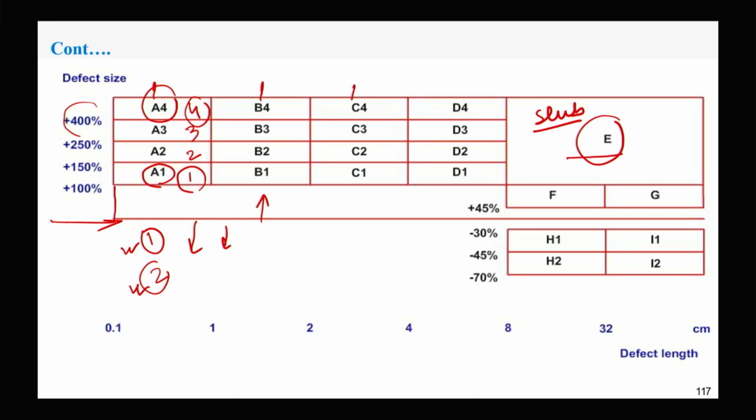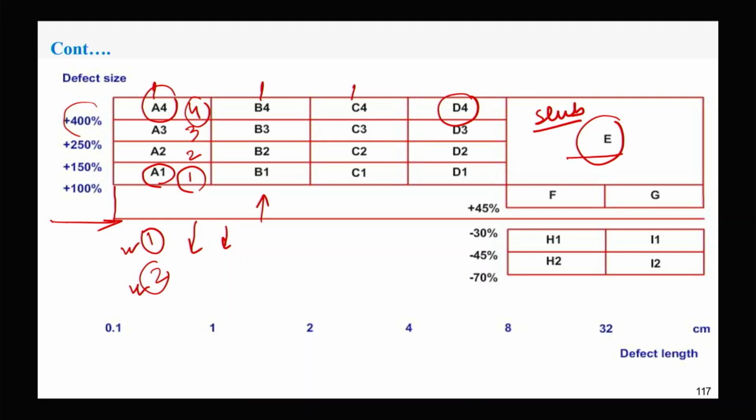Similarly, D4 is longer also, 4 to 8 centimeter, and very thick, more than 400%.